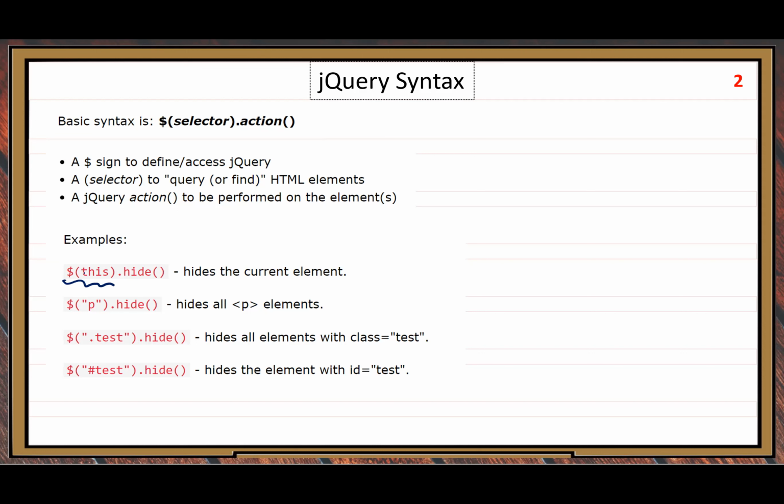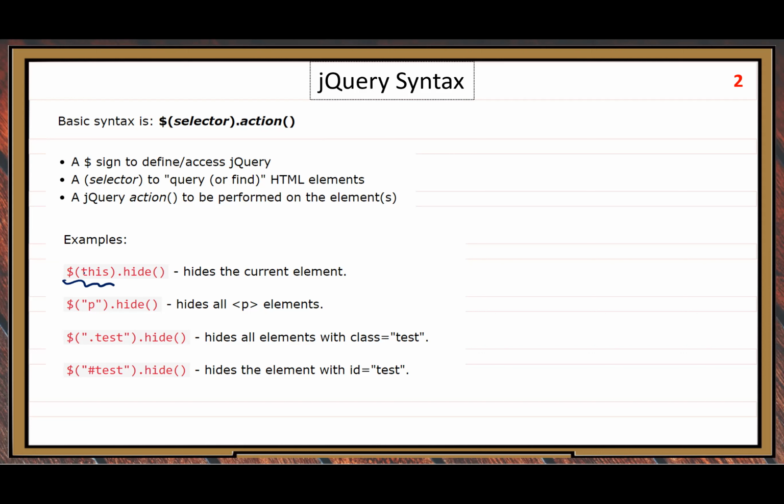So you want to work on all elements with this tag name. You may have more than one element you can apply some action on, so you need to be aware of that. This is the second case.